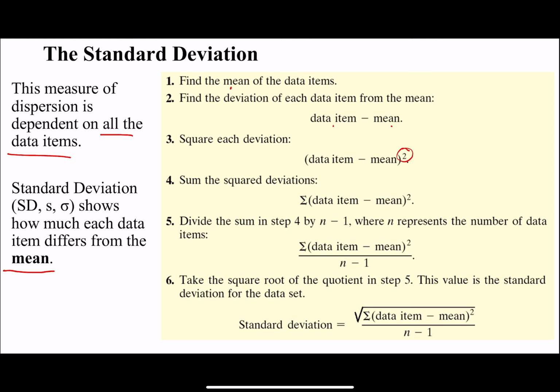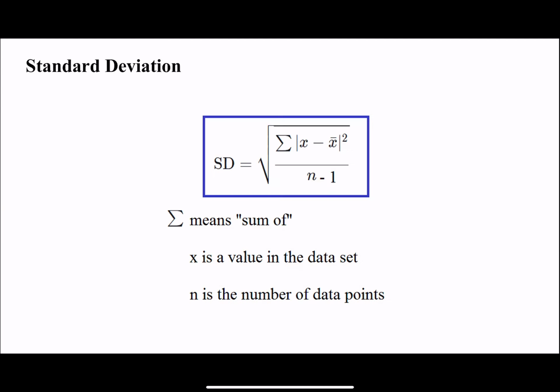That's data item minus mean value, squared. I want to consider all data items, so I add the results, and then I divide by n minus 1. n is the number of data items that we have. Because I squared the difference, I take a square root. And so here is the equation for the standard deviation.